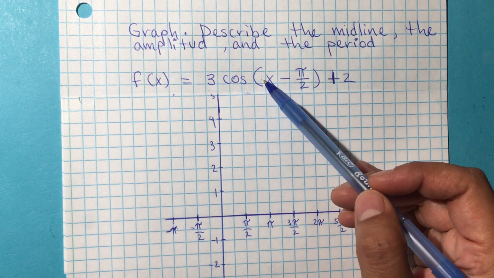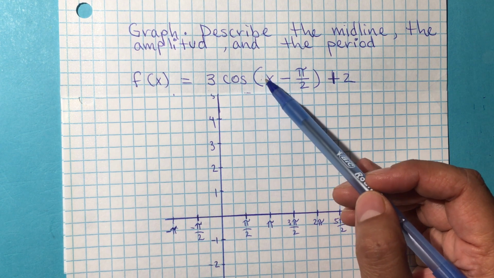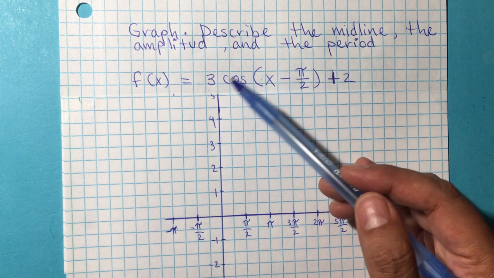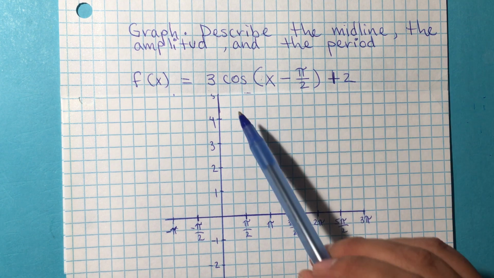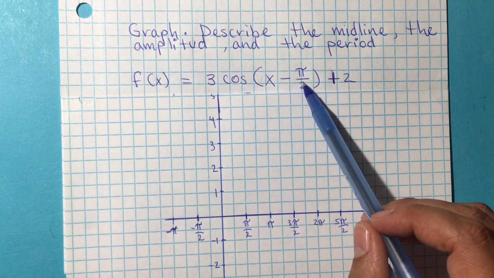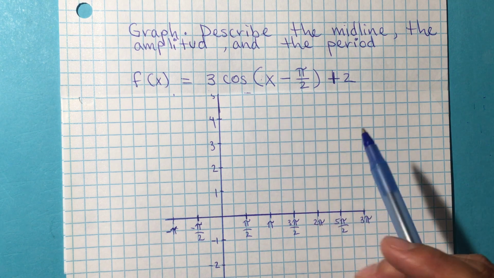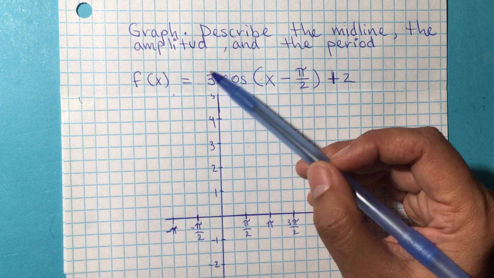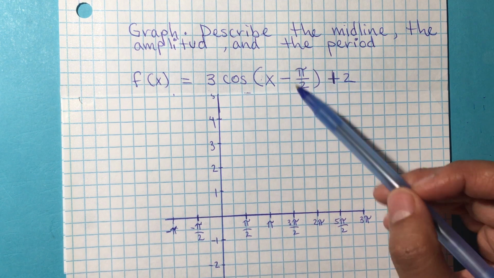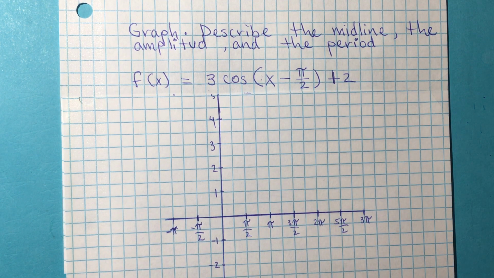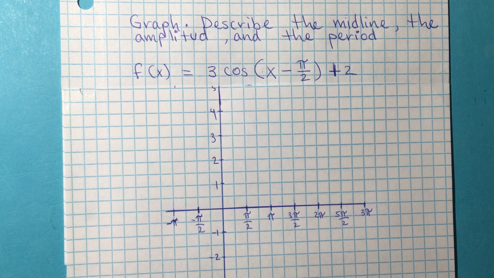In here, we don't have a horizontal stretch or compression, so we'll go to the amplitude first. For some people, it's easier to do individually each of the transformations one at a time. I'm going to do it both ways. For some people, it's better to do the stretch and after that do the shifts. So we're going to do the two different ways so that you can choose whichever you prefer.